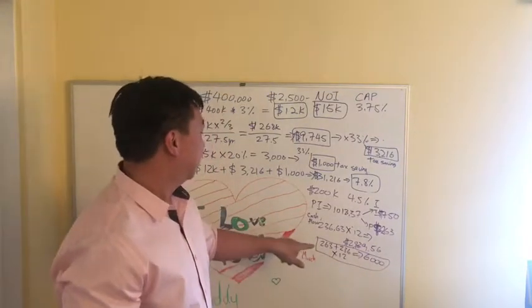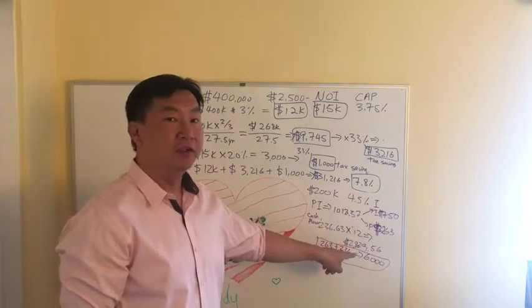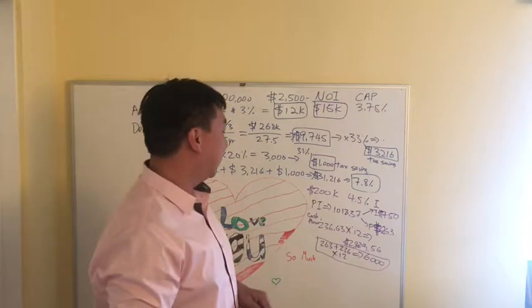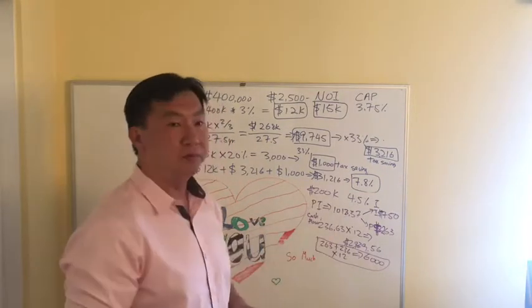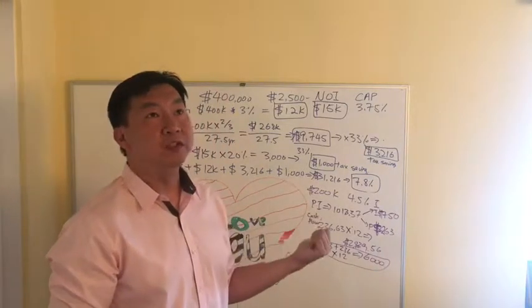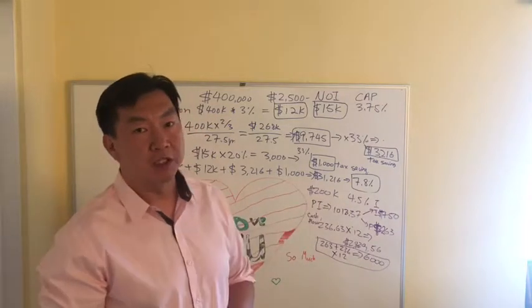The $2,800 you can actually see in your pocket, and the other $3,200 is reducing your principal. So every month you own a little bit more of your property.